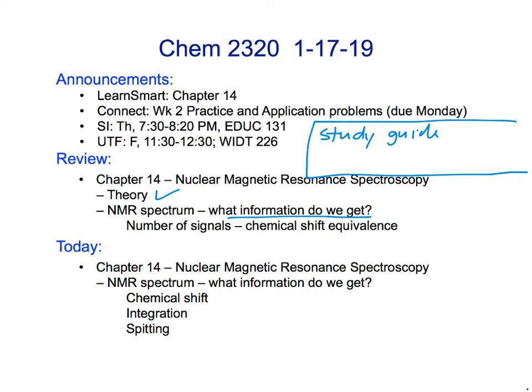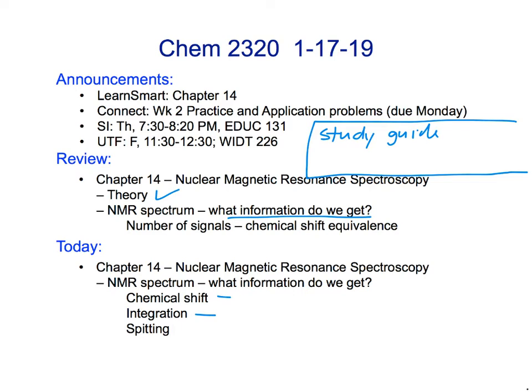All right, so today what we're going to do is go on and talk about chemical shift. So that's the position along the x-axis of the graph. And integration. This tells us the relative number of protons represented by each signal. All right, and if we get any farther than that, splitting is the next thing.